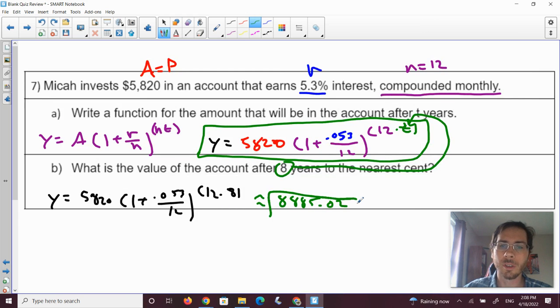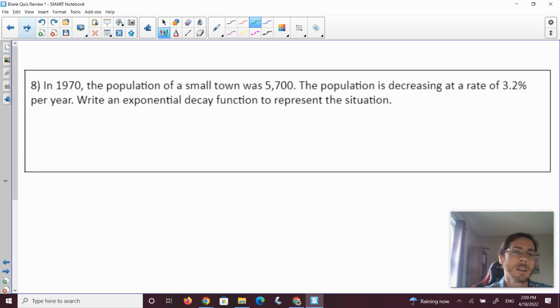Because again, this time we're going to the nearest cent. So that's what we got, to the nearest cent. All right. And so that's it. So you can see there's a lot of calculator, but calculator is like the second part. You have to actually do the first part by coming up with the equations. And number 8 is no different.